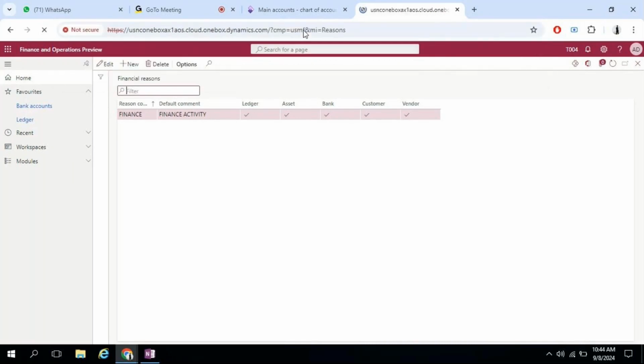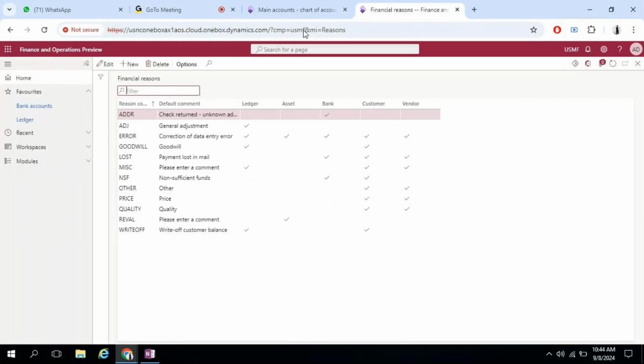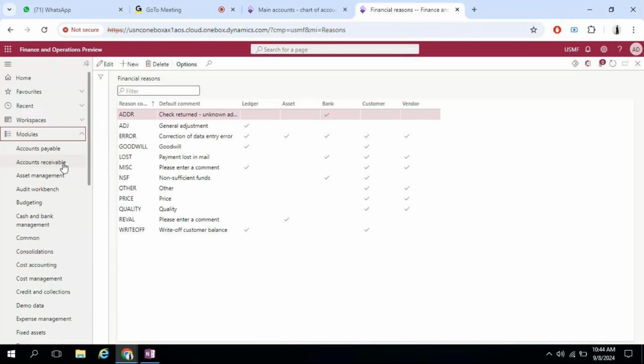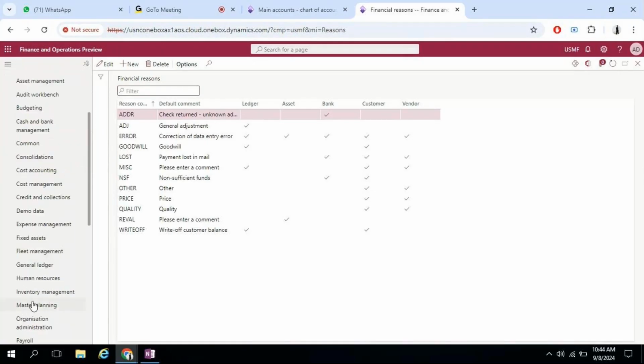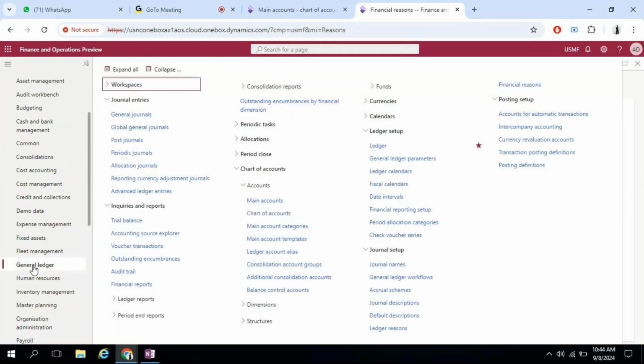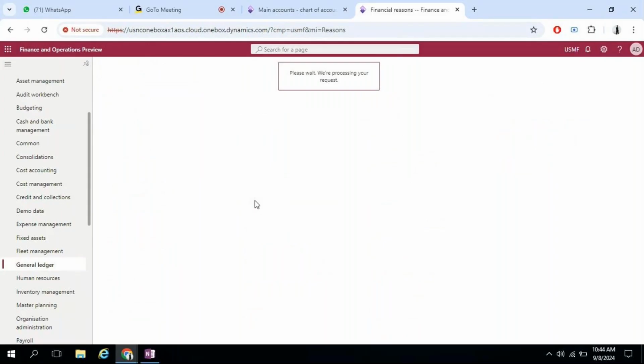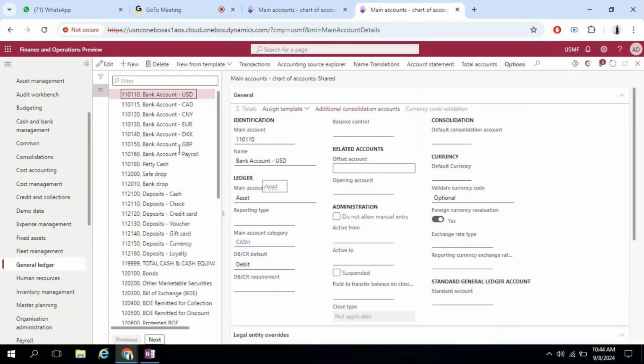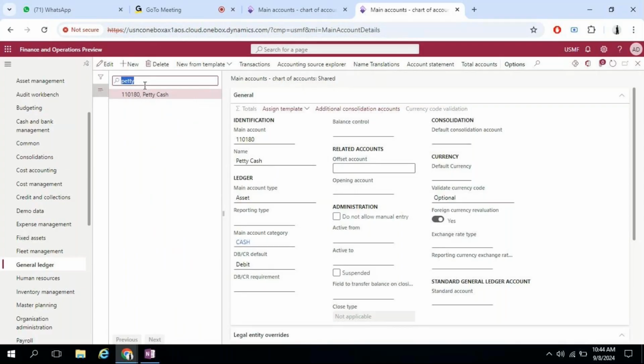So to check this, you will go again to the general ledger module, chart of accounts, accounts, and then main accounts. Over here, we will go for the petty cash account. This is the one. Okay, so they have kept it under the asset side only. Okay, and they have utilized it in the cash.